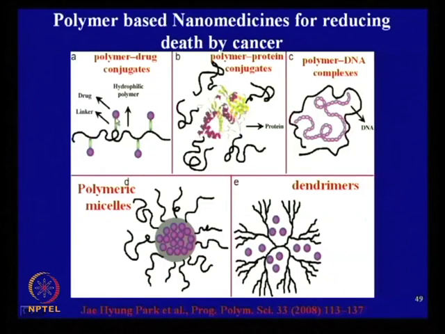For that, the drug must have some functional site and the polymer must have some functional site, exploiting the functional sites present in the drug as well as in the polymer. So, the drug can be conjugated to the polymer molecule, and the polymer can have either hydrophilic or hydrophobic characteristics.